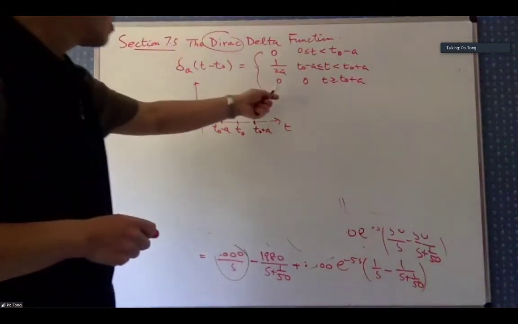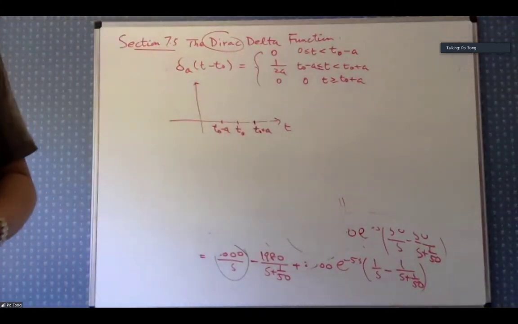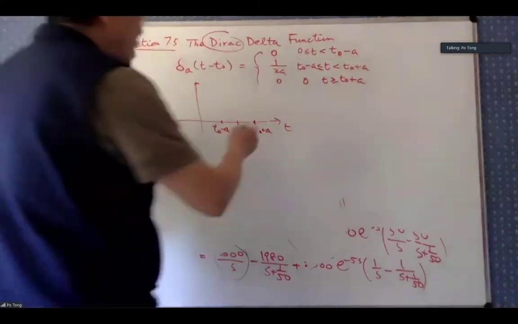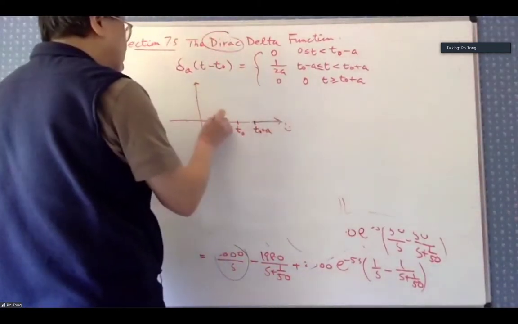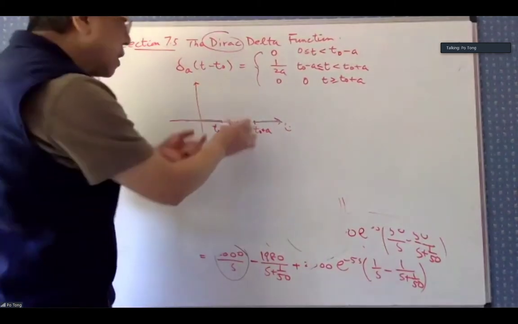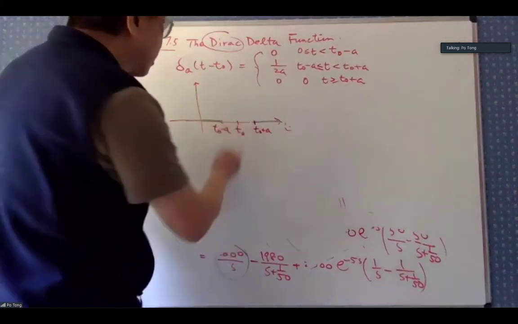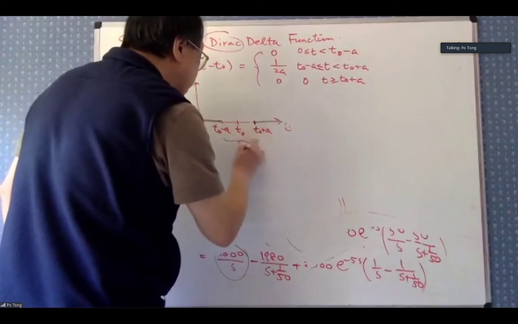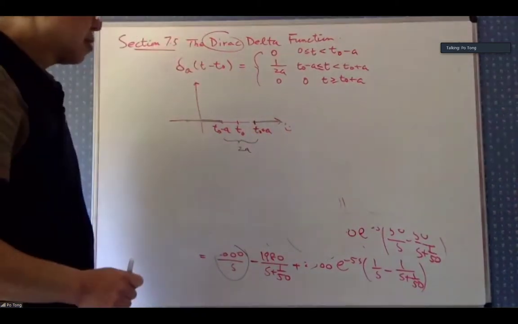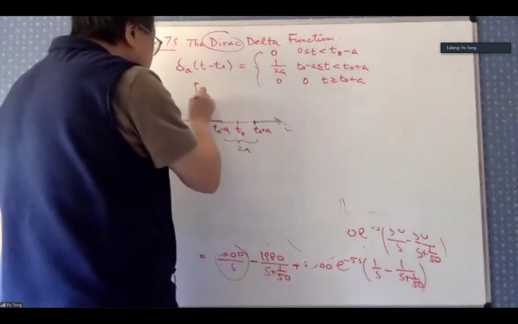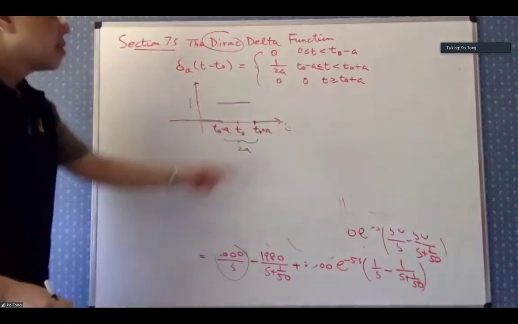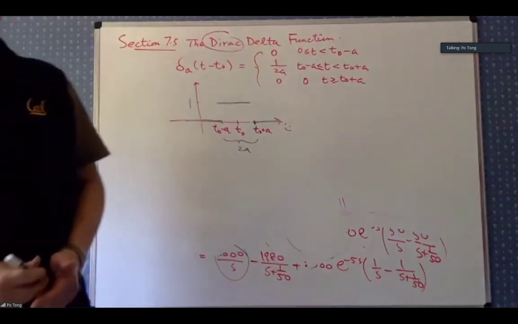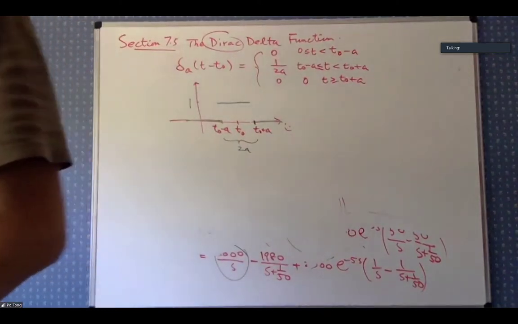Now, what this function is saying is the following. It's 0 outside here, 0 outside here, okay? But in between, in this interval, this length is 2a. This is the curve, this graph.